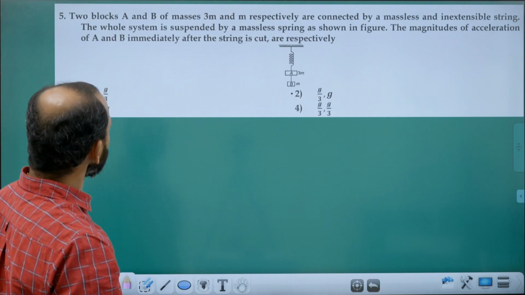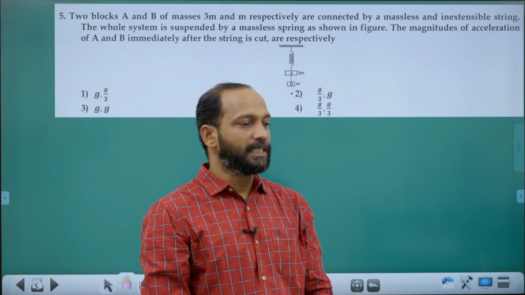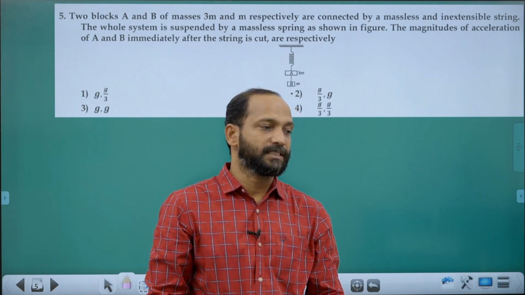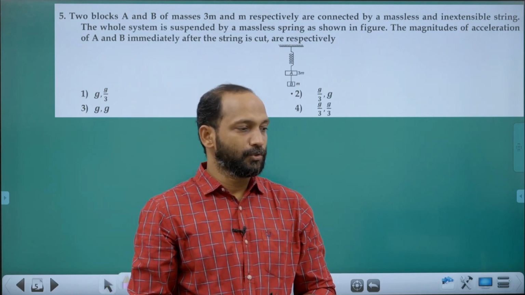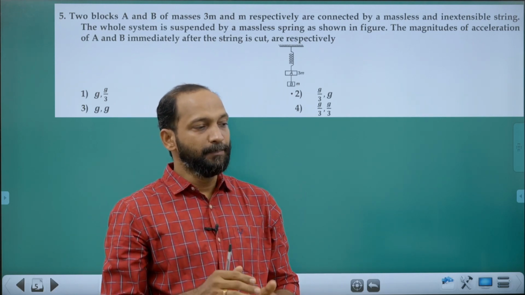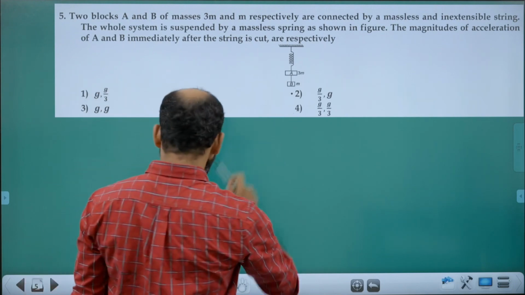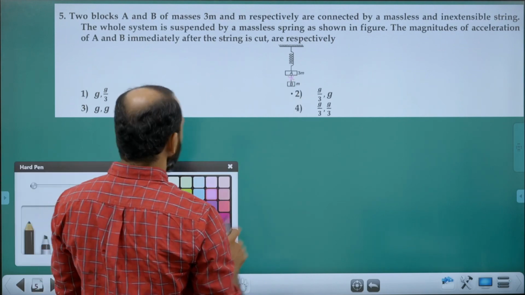Next one, two blocks A and B, masses 3m and m respectively, connected by a massless inextensible string. The whole system is suspended by a massless spring as shown in the figure. The magnitudes of acceleration of A and B immediately after the string is cut are respectively. When the string is cut, what happens?